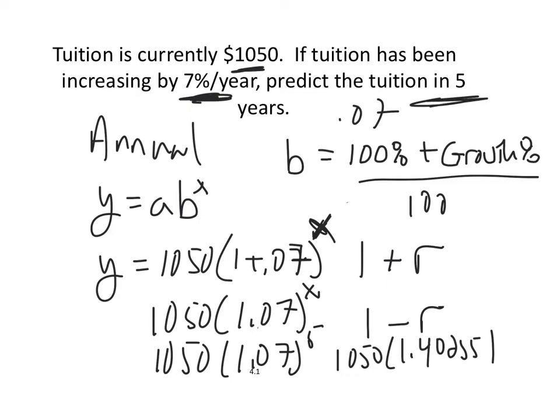I've got that number in my calculator, so I'm just going to go times 1050. That means if it continues to grow at this rate, tuition would be 1,472. They want the nearest dollar, so I would round to that. Okay, so that's how you deal with annual growth rates.